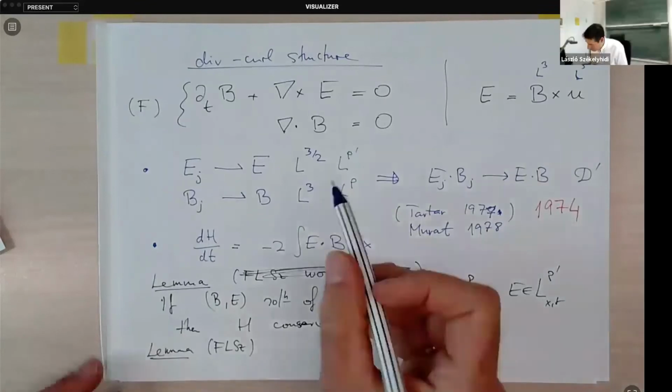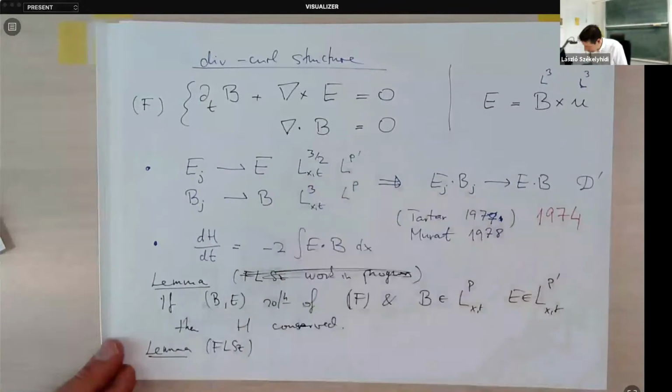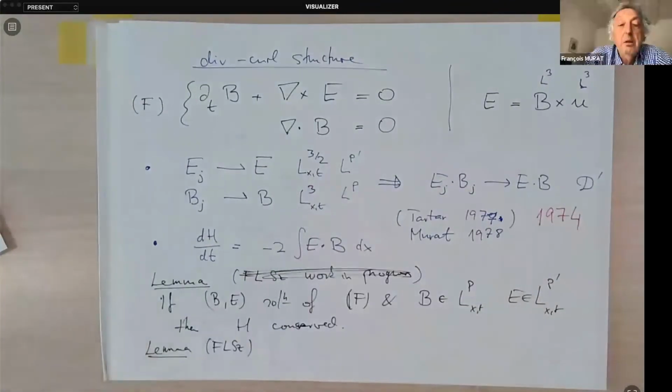Yes, because this is x,t, so this is space-time. You can find it in the first paper where compensated compactness appears, in '78.